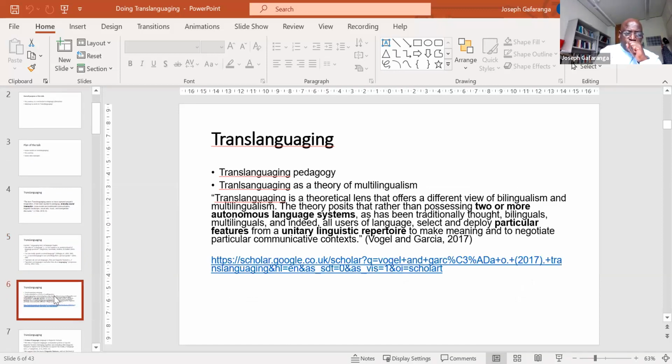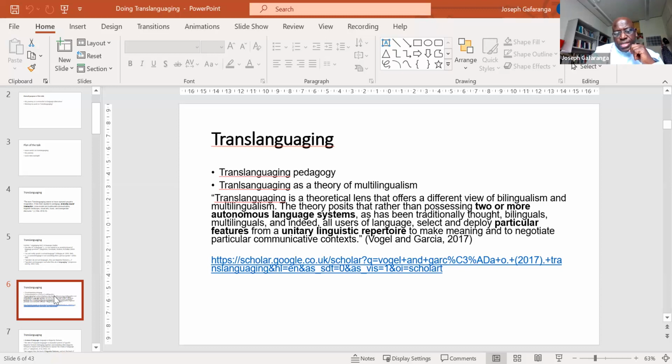Now, at least in applied linguistics, there are two understandings of translanguaging. One is translanguaging as pedagogy, dealing with how people learn and teach languages, and classroom practices. But you also have translanguaging as a theory of multilingualism, and that's what I'm going to be interested in today. And we have Garcia saying translanguaging is a theoretical lens that offers a different view of bilingualism and multilingualism.